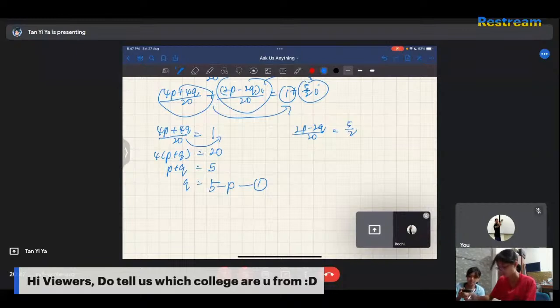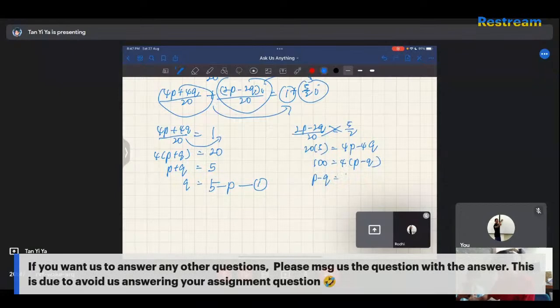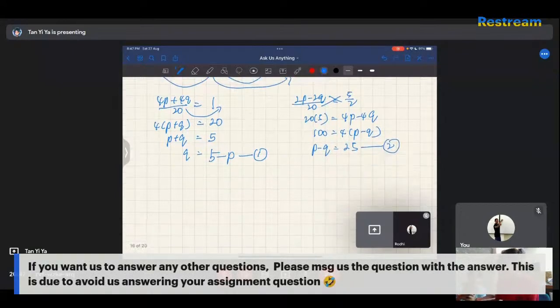So we can cross multiply. So p minus q is equal to 25. Save this as equation 2.